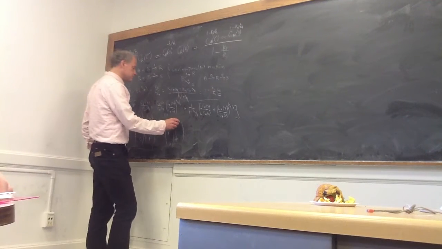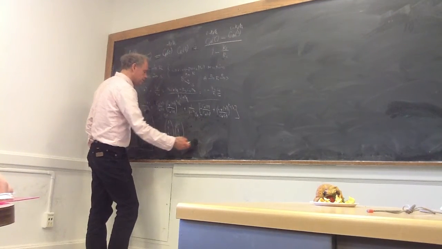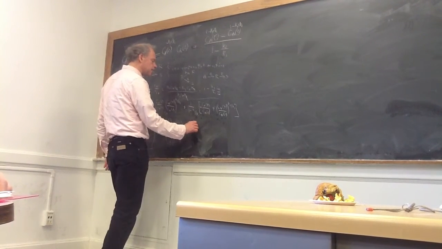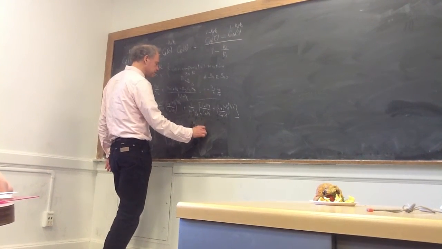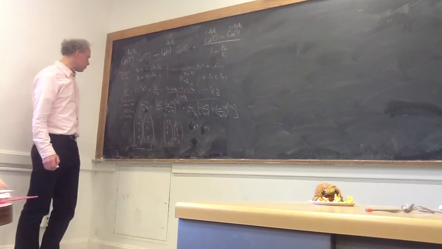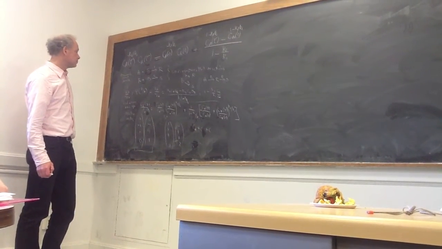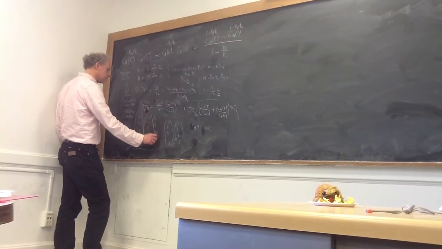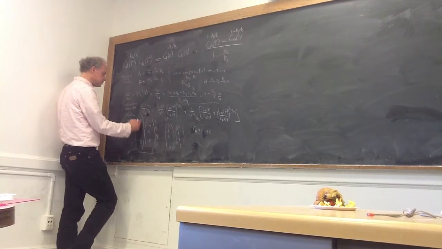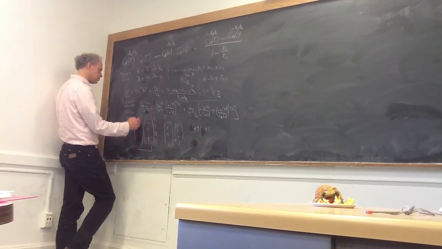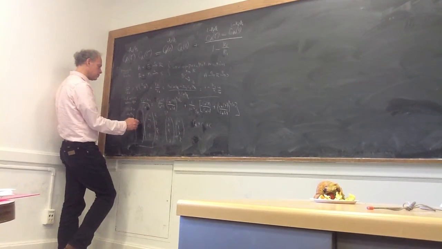0, 1, 1, 2. Okay, so this told me that, if I do this with A, B, R, S, no, it's not 1, 1, 0, it's 1, 0, 1, 1.